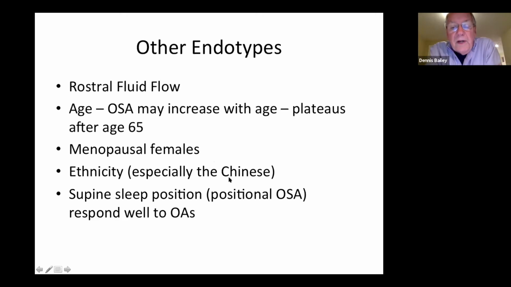Almost to the day, 3 years ago, I was in Singapore lecturing. A colleague and old friend of mine who is involved with the school there invited me over. I did a great deal of research on this, and what it turns out is that the Chinese population has a very unique endotype when it comes to how and why they have apnea.